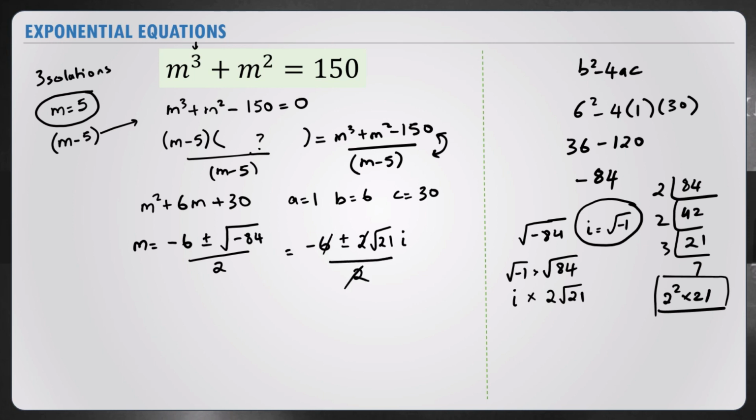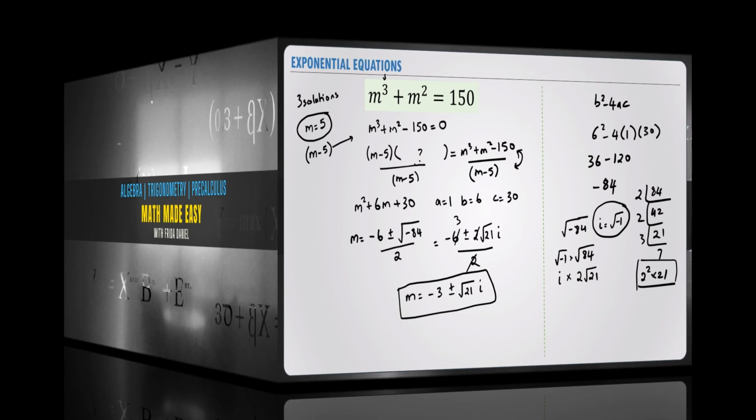Now this cancels and we get the 3 here. So your m will be equal to negative 3 plus or minus root 21 i. And those are the remaining two solutions. The three solutions are m is equal to 5 and these are the other two solutions.